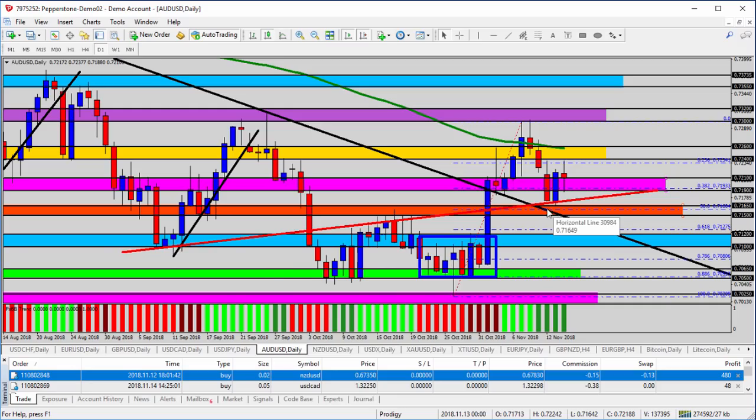Isn't that interesting? Yesterday in the trade room we also observed this red trend line, where we see the support on the left hand side of that red trend line, the resistance in the middle of that red trend line, and now incidentally we have created a new support on the right hand side of that red trend line. So it's a very interesting scenario where we're above the black trend line.